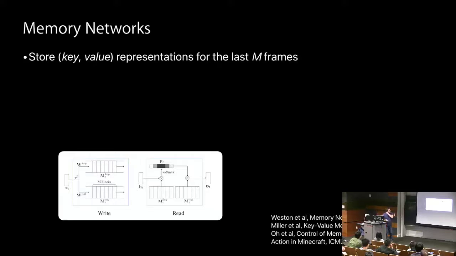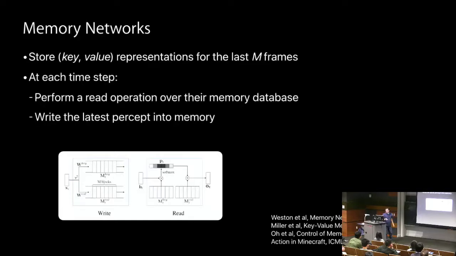And then at each step, I perform a read operation over the memory database. The read operation is nothing more than: I observe the current thing, I extract its features from the frame, and I look at the cosine similarity between it and what I have in my memory.